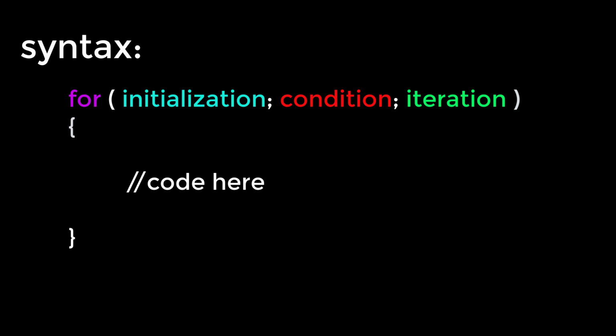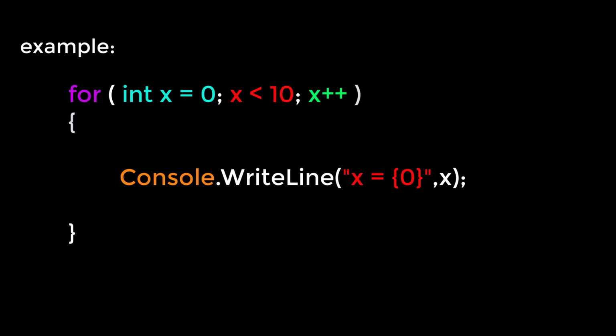So let's take a look at our example. We have for, and then we initialize our x equals to 0. So we start from 0, and the condition is x less than 10, and our iterator is incrementing.